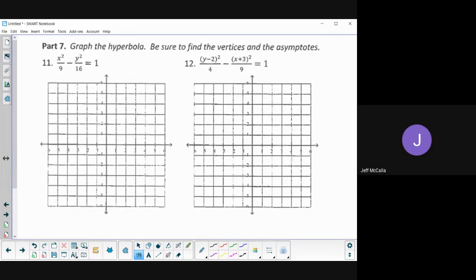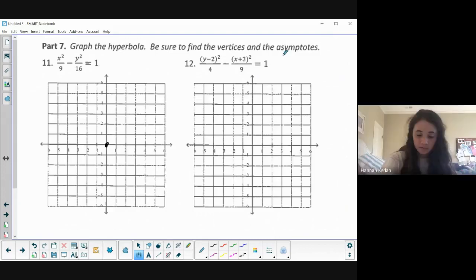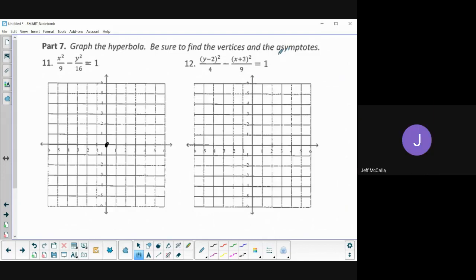So in this one, because of the y minus k and x plus 3 squared, it's not centered at the origin, like number 11, where the center is right at the origin. Here you can tell it's definitely not. It's not a bad idea to think about the formulas. The formula is going to be y minus k squared over a squared.